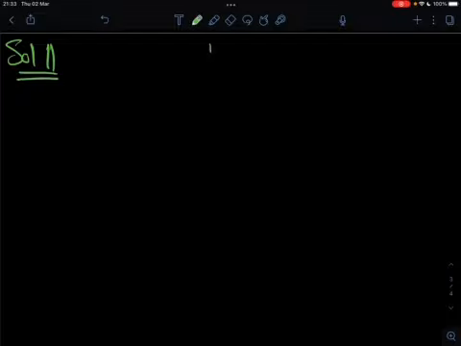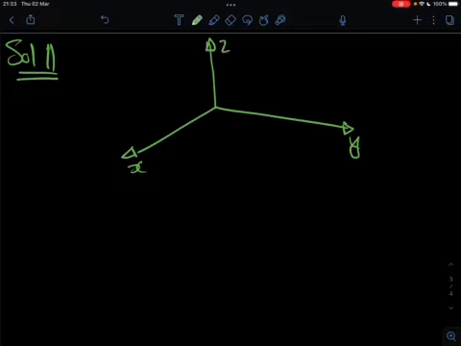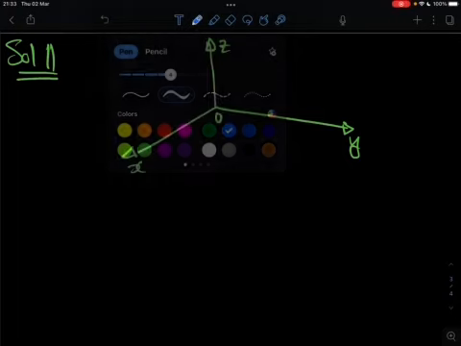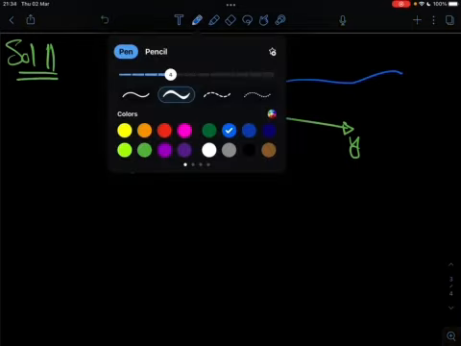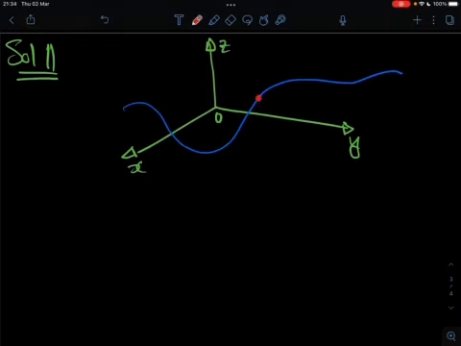So let's try to represent this in three-dimensional space. So we have x, y, and z, 0. We have a curve that we are not familiar with how it behaves, but what we know is that we do have a curve. And in this curve, there are 2 points, which I'll label in red, A and B, which lie somewhere along the curve like that.